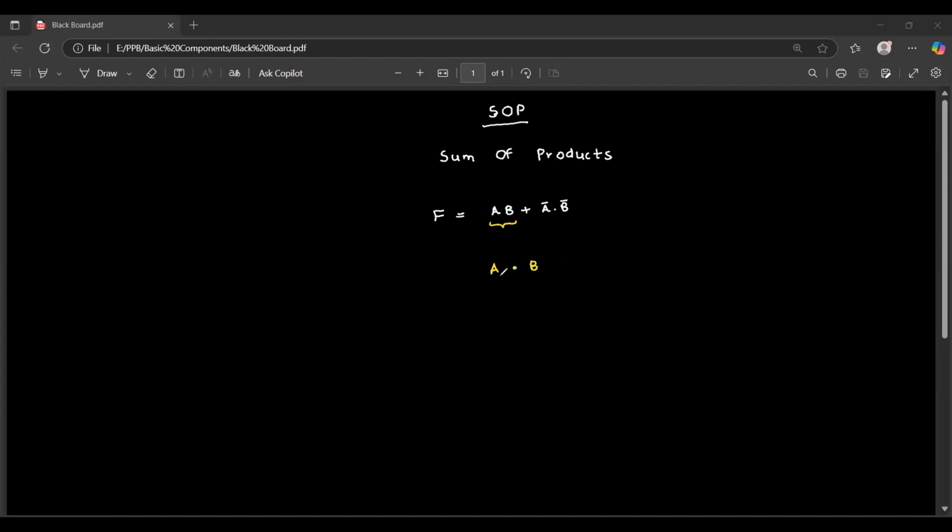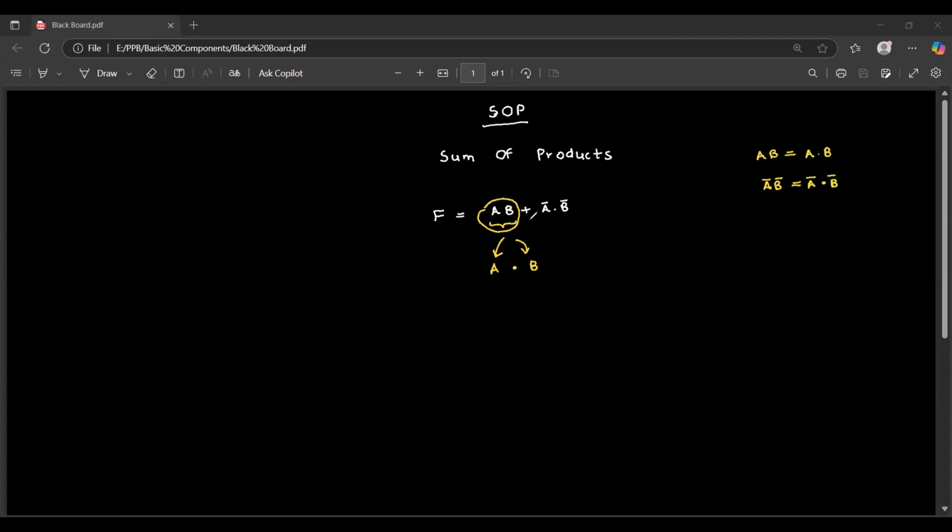This whole term is a product of a and b. Similarly, a bar b bar is a product of a bar and b bar.